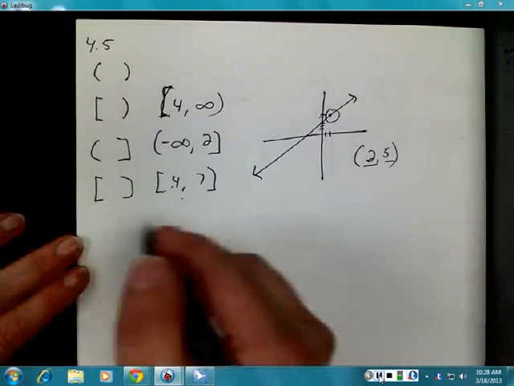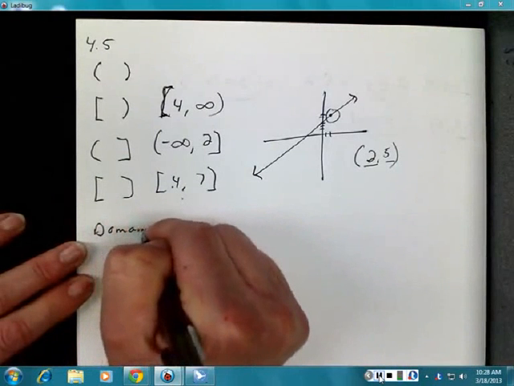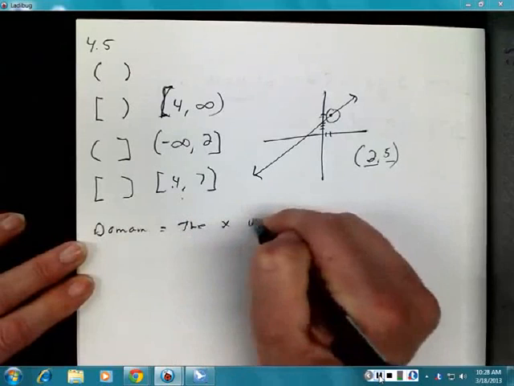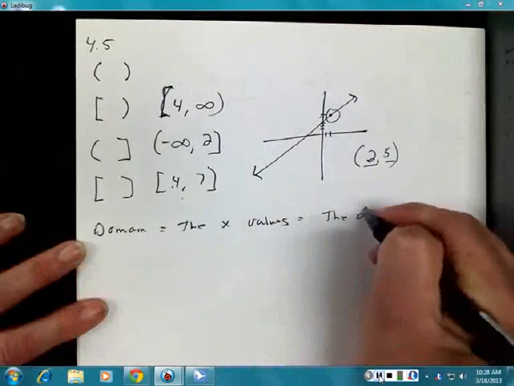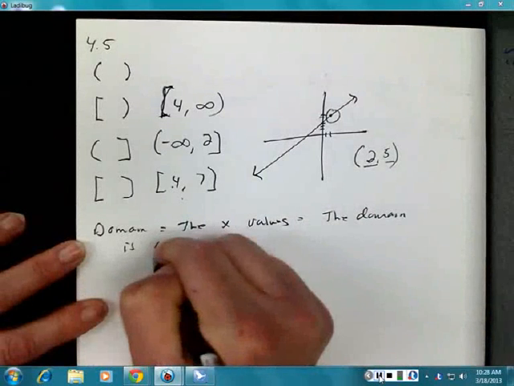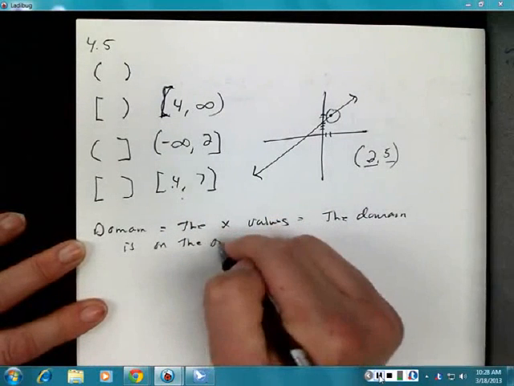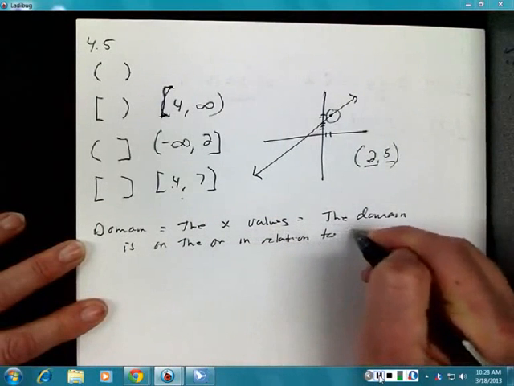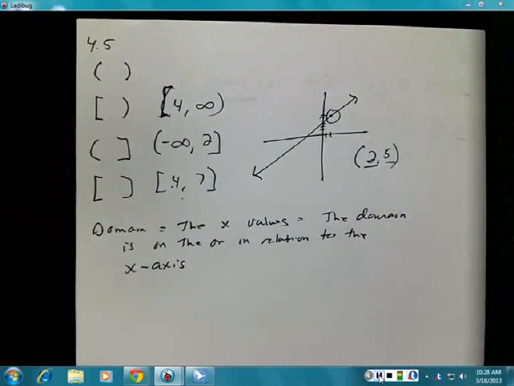Well, in domains and ranges, a domain is equal to the x values. So the domain is on or in relation to the x-axis. So stuff with the x-axis.